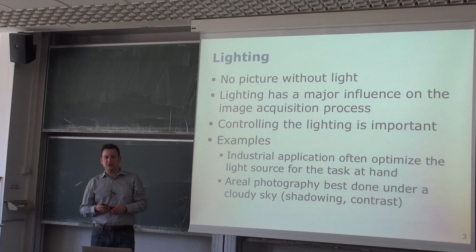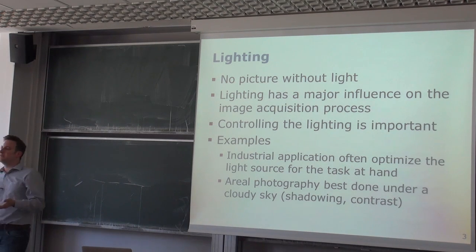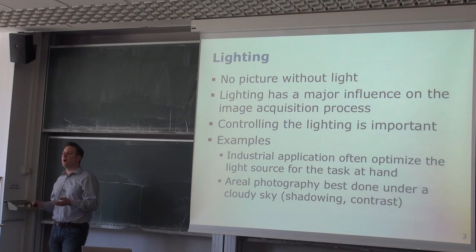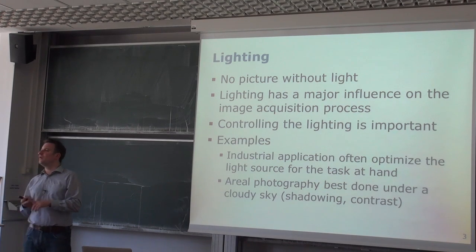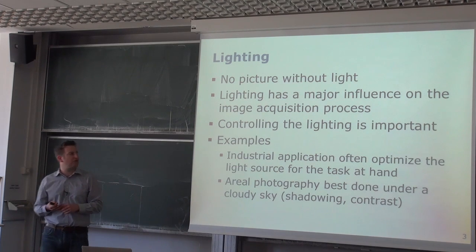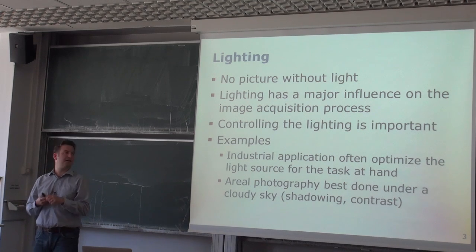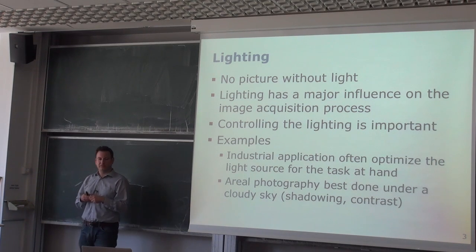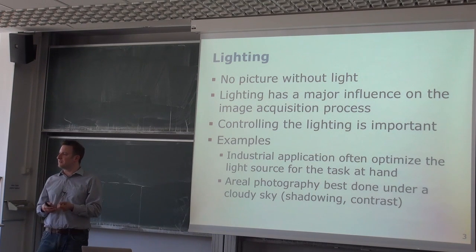There's no picture without light, and you know that if you make pictures in dark or quite dark environments, you may suffer from contrast issues. You may not be able to identify distinct or important points very well. So it's important to have enough light, the right form of light, the right wavelengths of light. The key take-home message is that controlling the light is important.